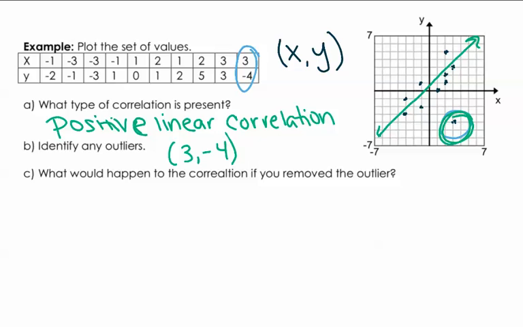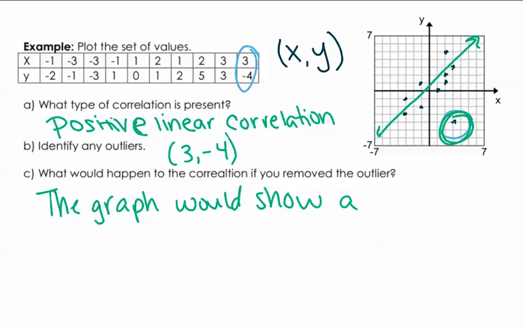So what we can say here is the graph would show a stronger positive linear correlation. We want to talk about how that positive correlation is going to be stronger.